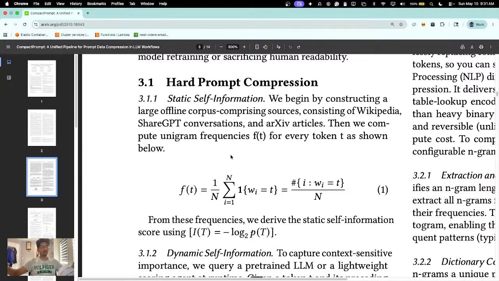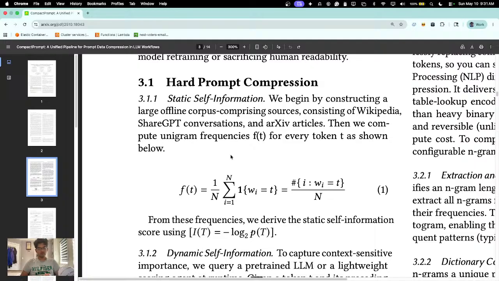Now, what we do with this text is we first tokenize it, right? So it becomes tokens. And then we're going to compute the unigram frequency for every token shown. So what that means is that in your prompt, let's say you have two words only, just for simplicity.